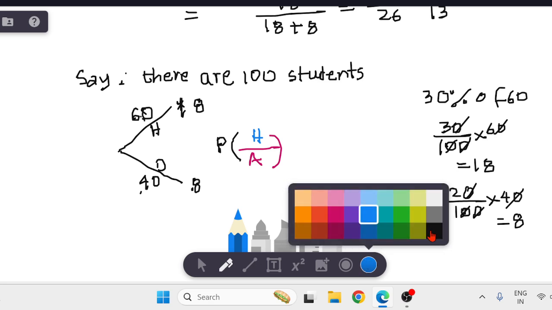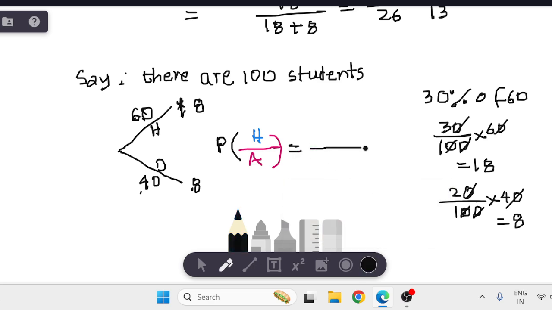So how many grade A students will be there? That is 18 plus 8. Very simple. Out of this 18 plus 8, how many of them are hostelites? 18. So it was coming 18 by 26.